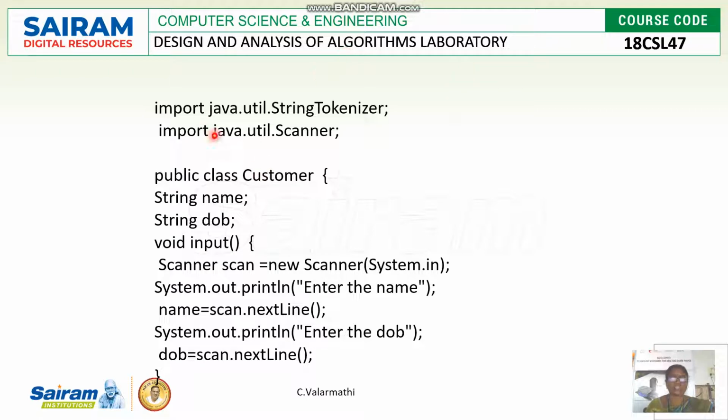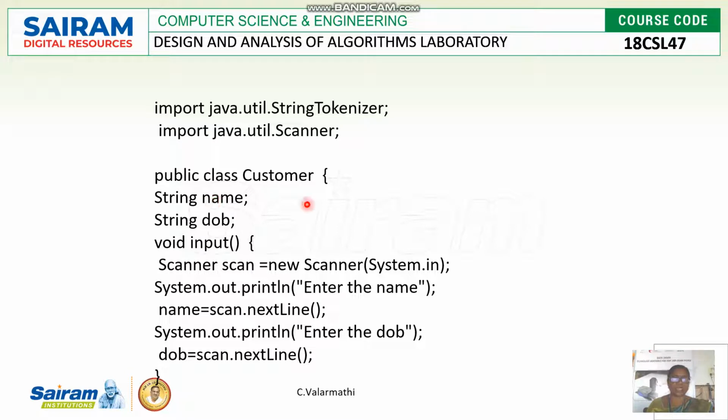Coming to its implementation, the first statement is always importing the necessary packages. The string tokenizer class is available in the utility package. So java.util.StringTokenizer is imported first, and then java.util.Scanner is the next import. Move on to its class definition. The class's name is Customer, and it takes two parameters.